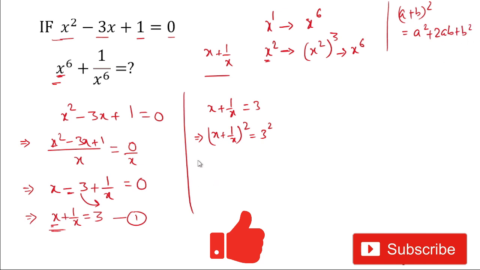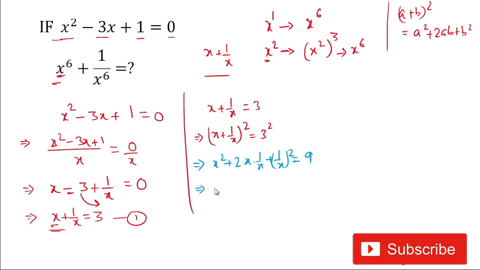So we'll write here x square plus 2 multiplied by x multiplied by 1 by x plus 1 by x square. 3 square is 9. So now we'll simplify it. It will become x square, now x and x get cancelled, plus 1 by x square. This 2 will go to the right hand side and it will be minus, then 9 minus 2, it will be 7. Now we'll take it as equation 2, and this is square.